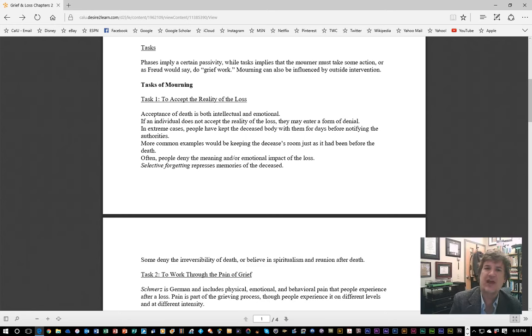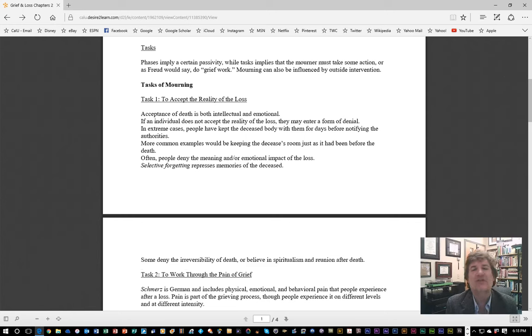I like the word tasks because it implies that the mourner must take some action, or, as Freud would say, do some grief work, in order to progress through the grieving process. Mourning can also be influenced by outside intervention, like counseling or support.